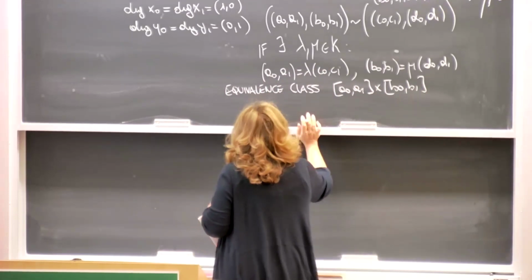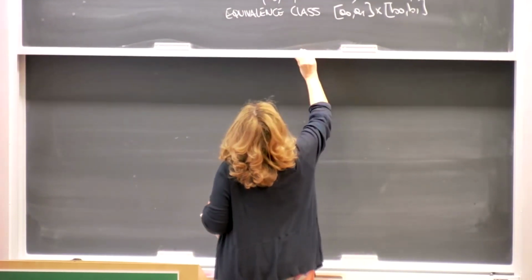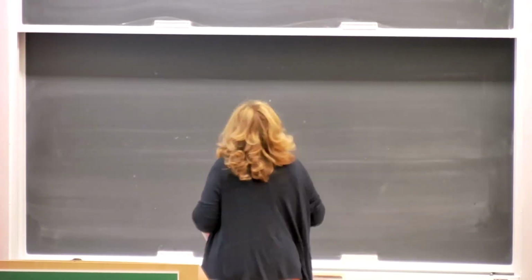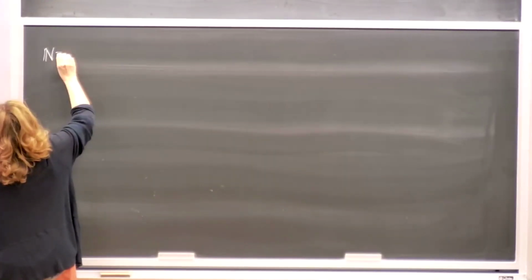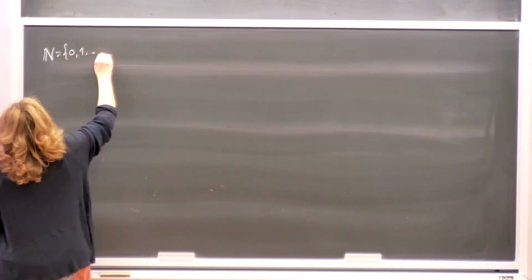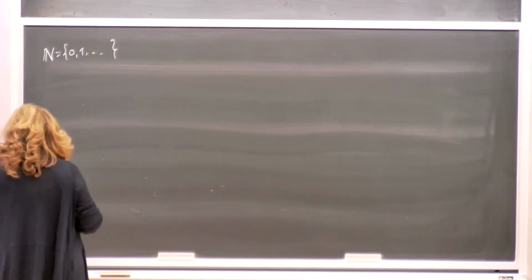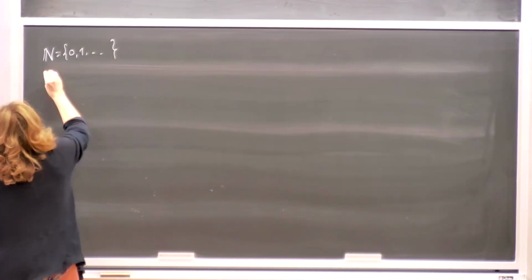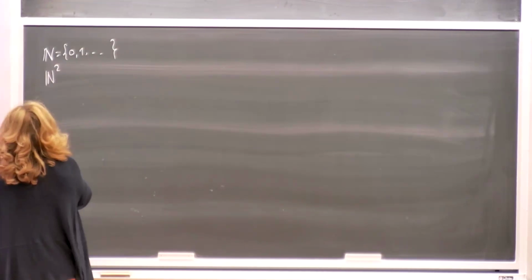Since we have the bigrading, in N I put 0, so we start with 0, okay? This is my N squared. Then I need to consider an order.